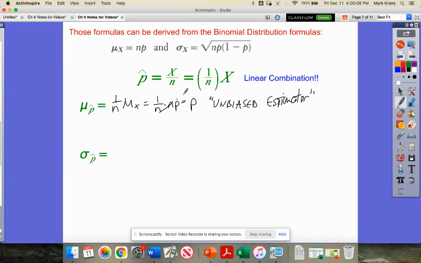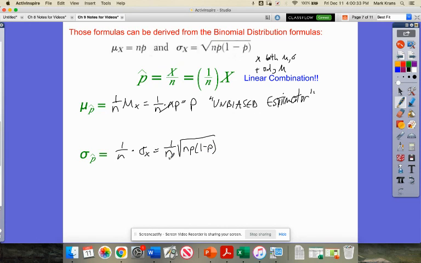For sigma of p hats, remember, when we're doing linear combinations, multiplication affects both mu and sigma, and addition only affects mu. So we would have 1 over n times sigma of x, which is 1 over n times the square root of np times 1 minus p.